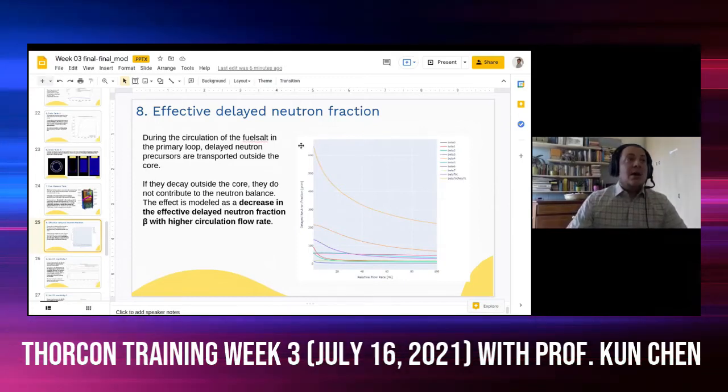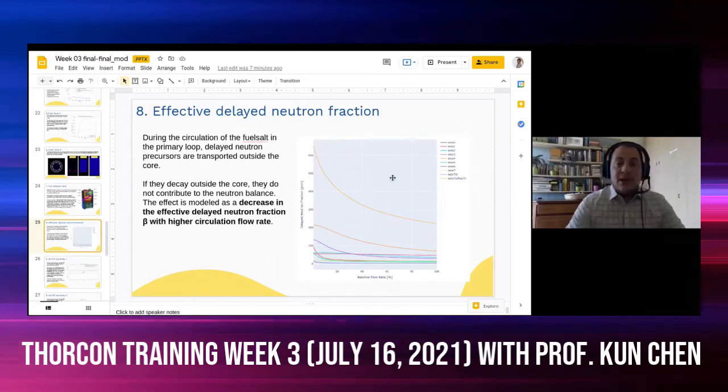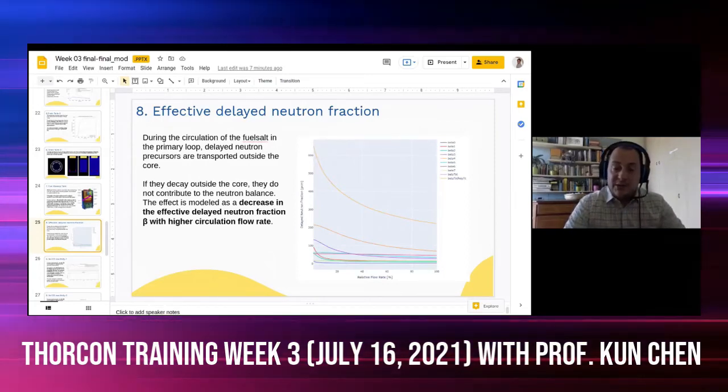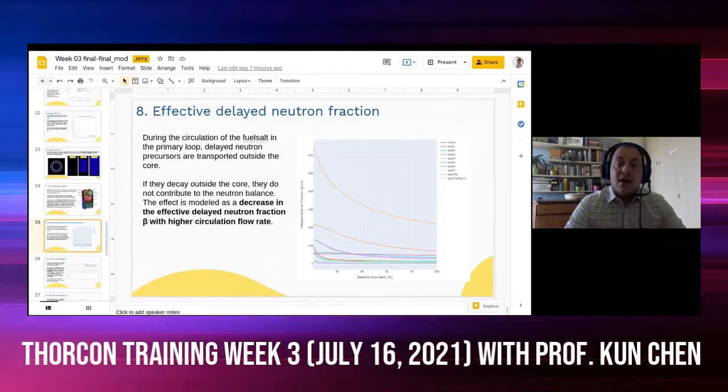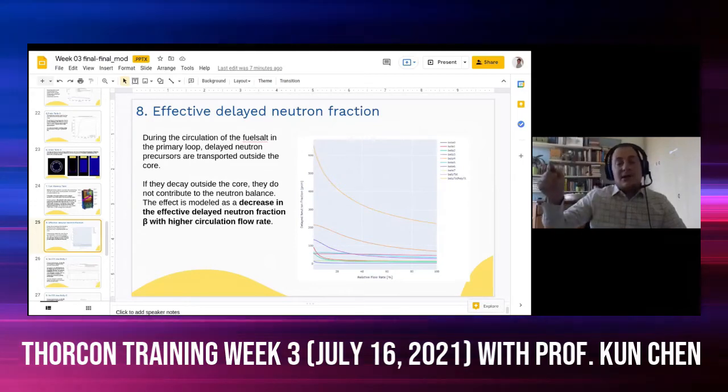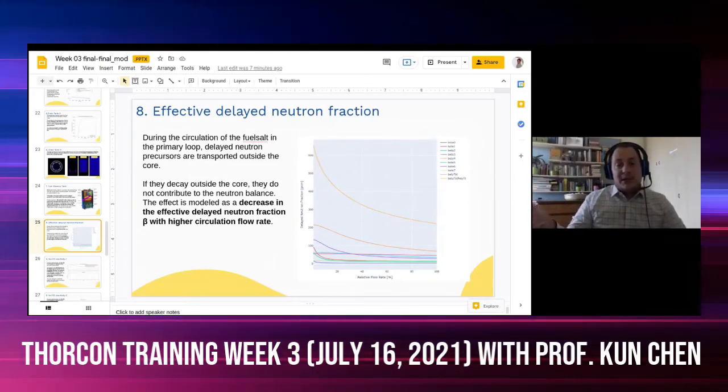Nonetheless, when the fuel is circulating, part of the delayed neutron precursors that are created during a fission event are transported through the core and outside the core before they are able to decay.